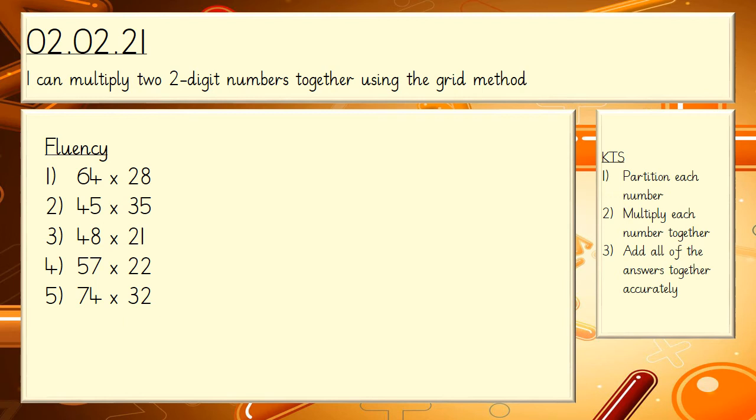So, if you need to draw out the grids, go for it. It's definitely a good skill to get into the habit of using. However, if you wanted to use the grids that are found in the support and scaffold area, please do so. Pause the video here whilst you solve these Fluency questions.